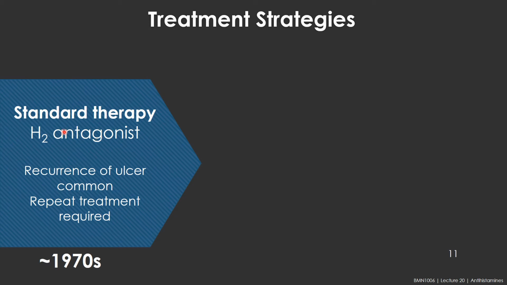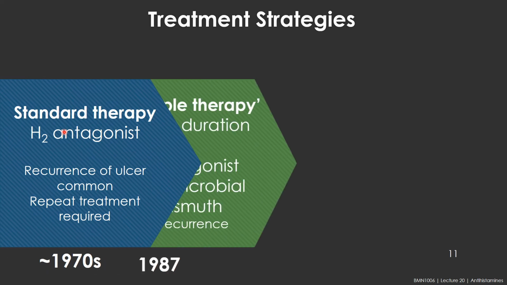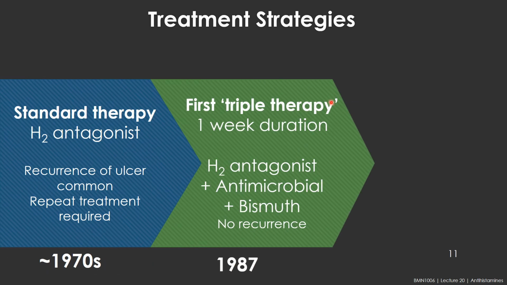While the real treatment came in 1987, which is known as the triple therapy, since it contains three components. First, you have the conventional H2 antagonist, followed by a combination of antibiotics and bismuth. Bismuth is toxic to H. pylori and it has protective effects towards our stomach lining.